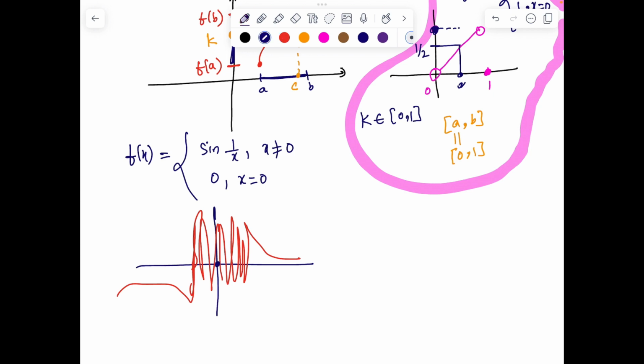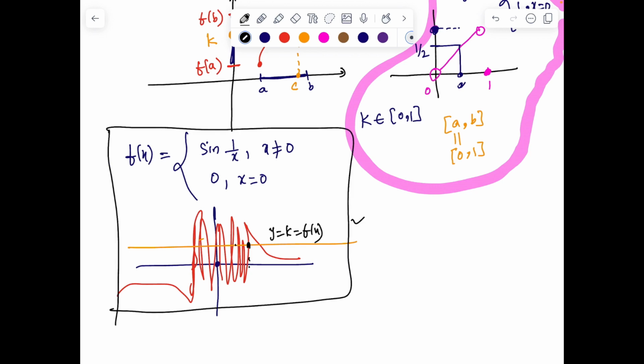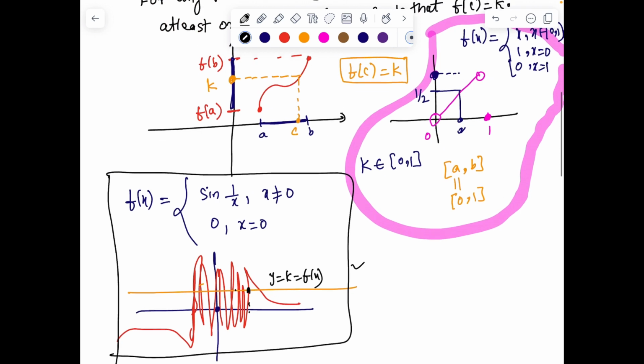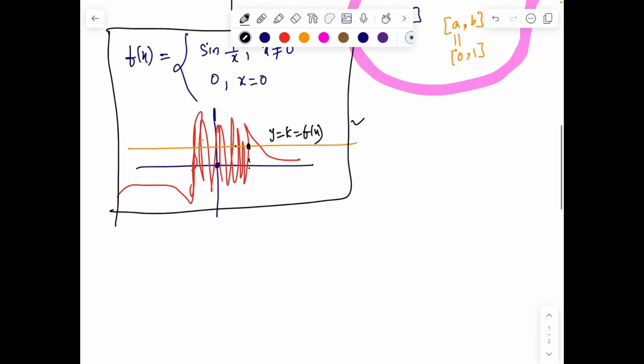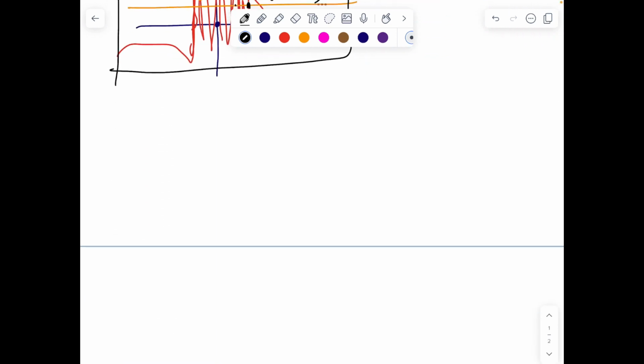At f(0) it's exactly 0. So you give me any real number between, like, -1 to 1, it will be attained at many values. So corresponding to any value of k, y equals k or f(x) equals k, we have an input. In fact, we have more than one input over here, but still the function is discontinuous, right? So this was a warning. The converse of the statement is not true in general.